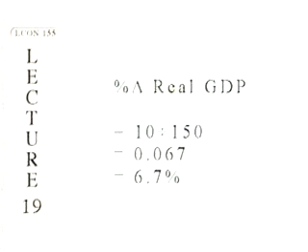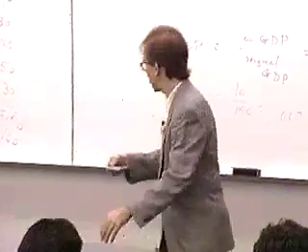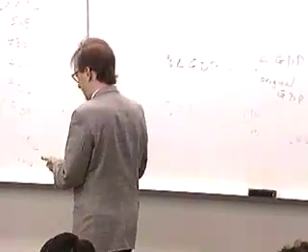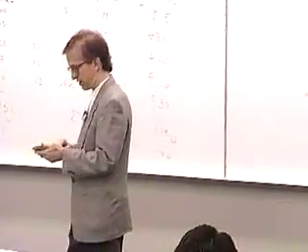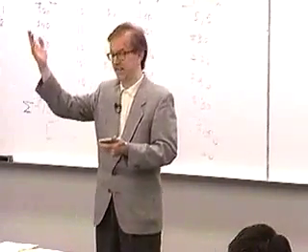So then the growth would have been about 0.067, which equals 6.7%. $10 divided by 150.